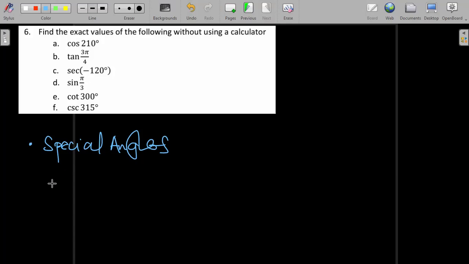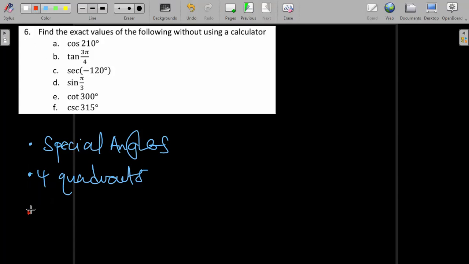Two, you need to know the four quadrants and understand what happens to each of the three trigonometric ratios in each quadrant.